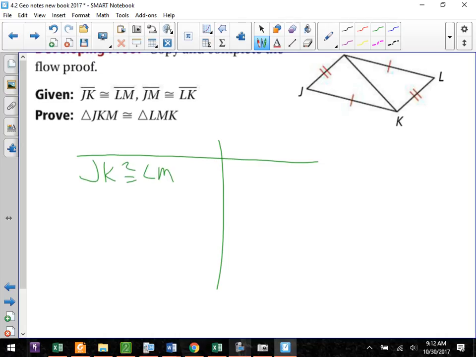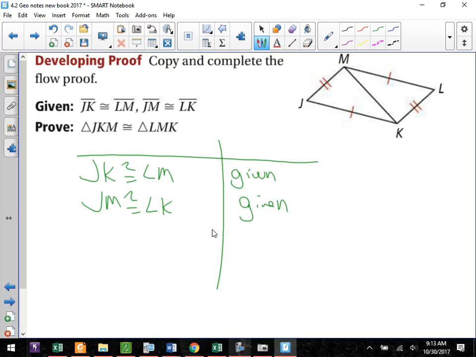Then that side would be congruent to itself, and the reason that's congruent to itself is the reflexive property. What's the reason the 2 triangles are now congruent? The side, side, side. Yep. That's what we're looking at.